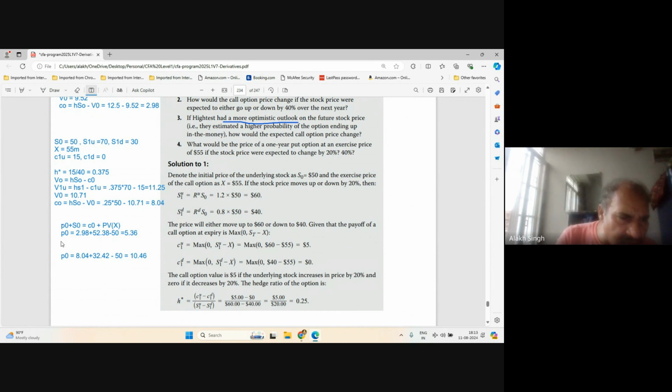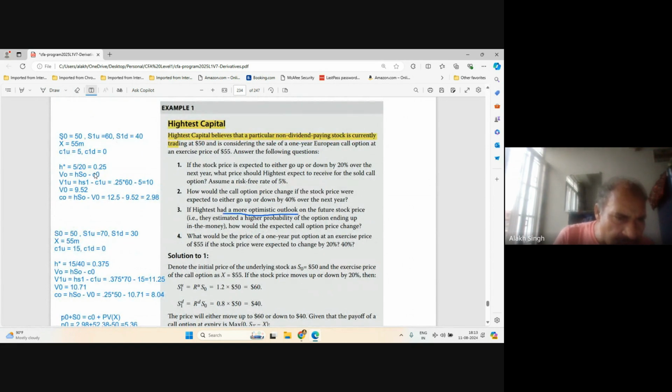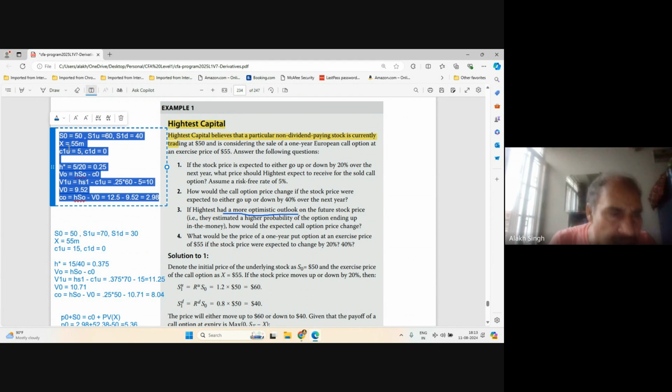So let's copy the top one, select everything with Control A, then Control C, and let's go down.